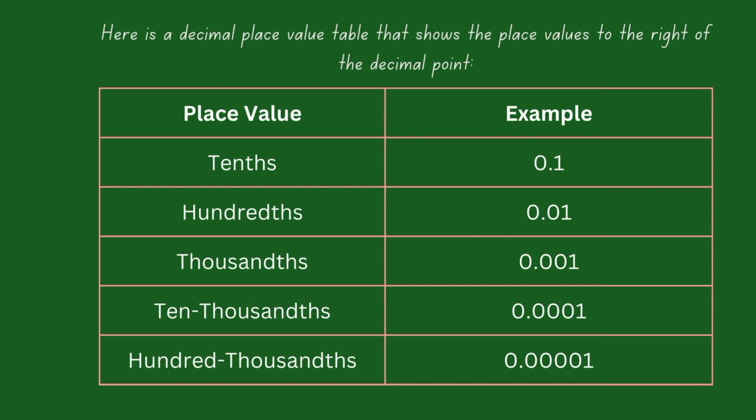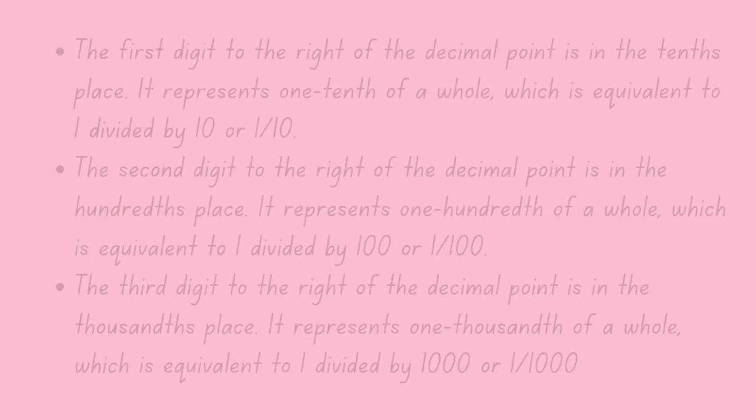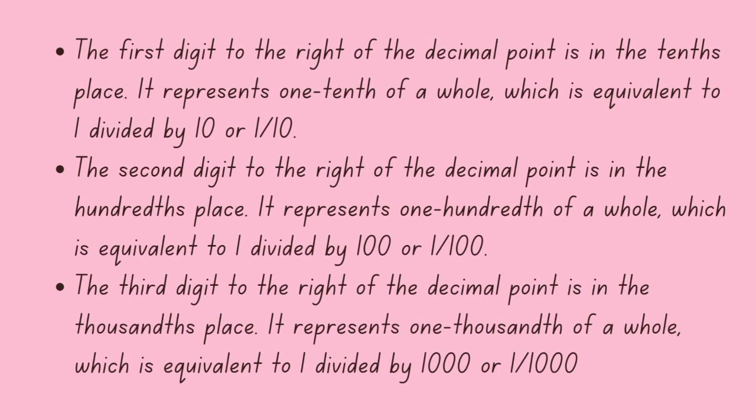Tenths 0.1, hundredths 0.01, thousandths 0.001, ten-thousandths 0.0001, hundred-thousandths 0.00001. The first digit to the right of the decimal point is in the tenth place. It represents 1/10 of a whole, which is equivalent to 1 divided by 10 or 1 over 10.